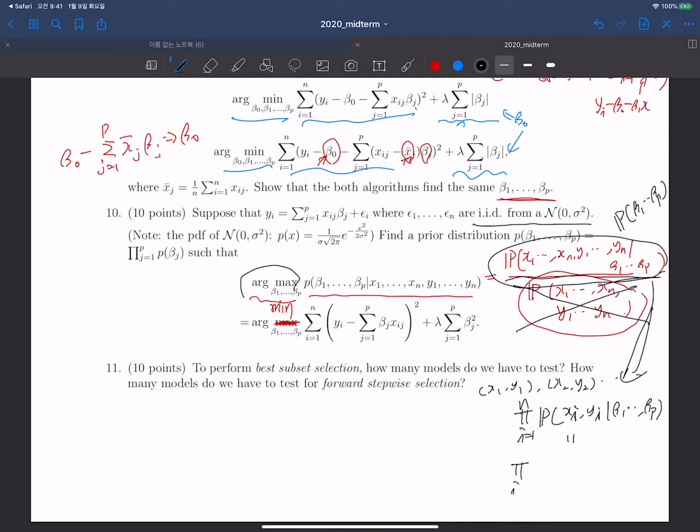So this is the product i from 1 to n of 1 over sigma square root of 2 pi, times exponential of minus yi minus the sum of beta j xij, squared.